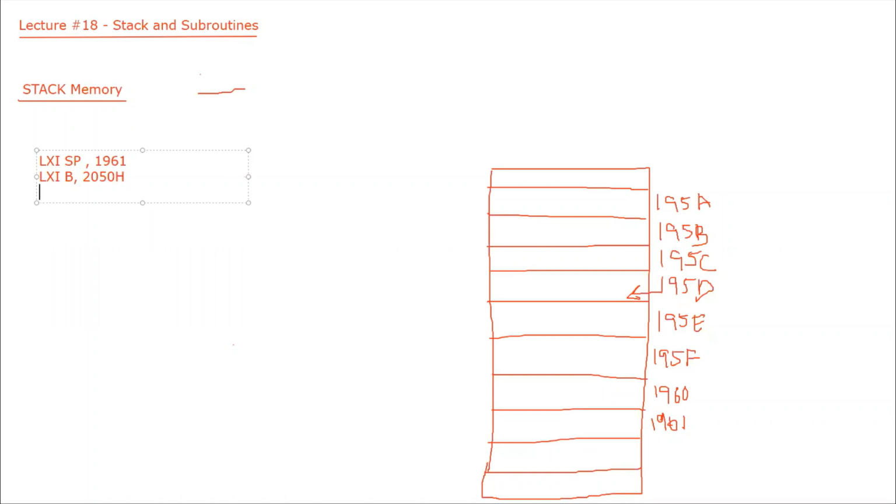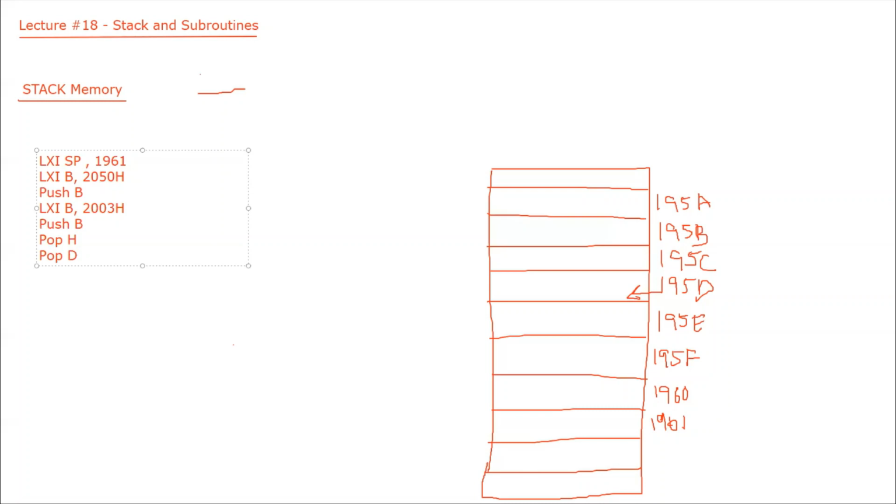Then push B, and then push B again, or we can say LXI B as 2003, then push B, then pop H, pop D.